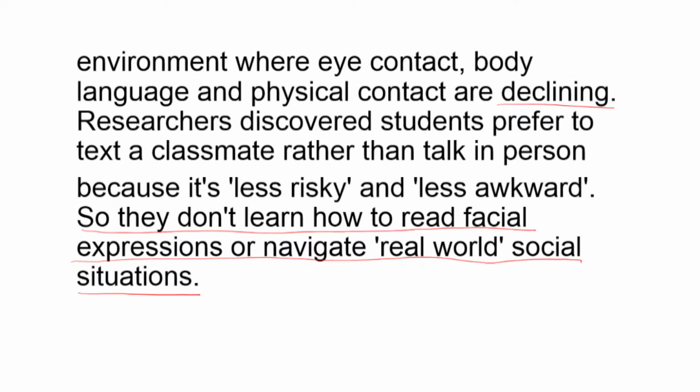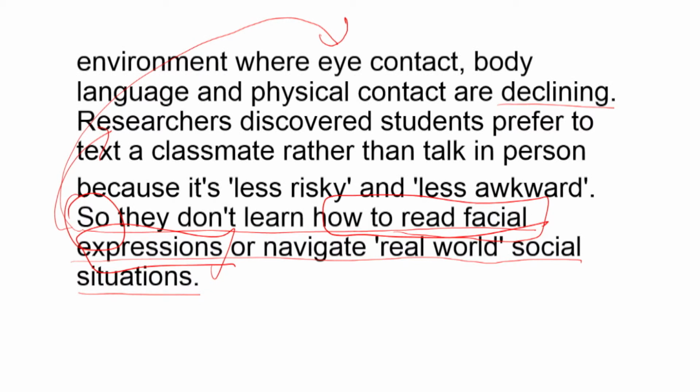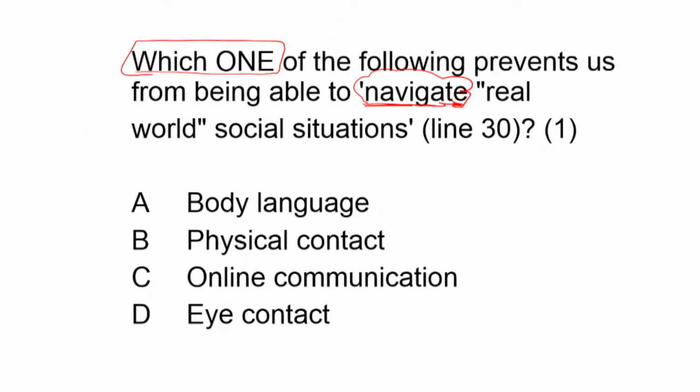The so is related to the research you talked about, and it's related to a world where we don't have enough eye contact and body language and physical contact. And as a result, we don't learn how to read facial expressions. Okay, let's go back to the alternatives in the question.